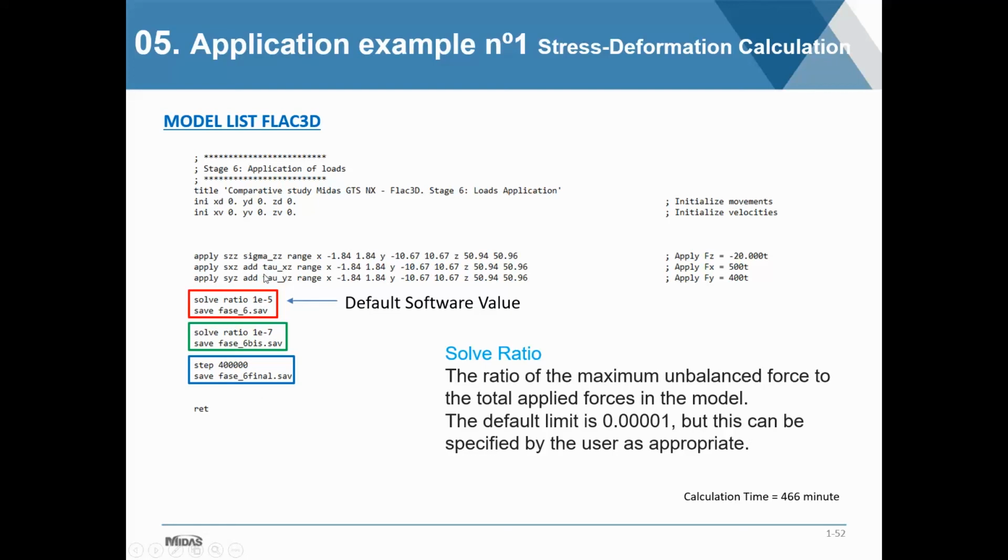However, we are going to add an additional, more strict condition, which would be 1 to the -7, and then beyond that to add an additional 400 calculation steps once it's reached the solution at this criteria. And we'll see that it's very important in the results in a minute.